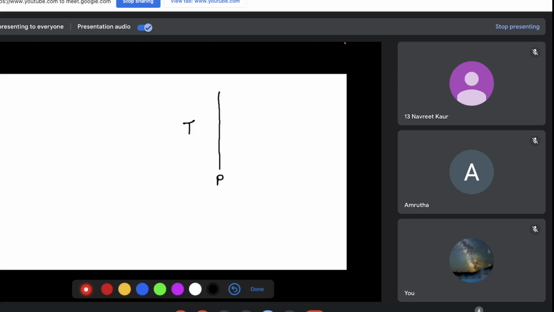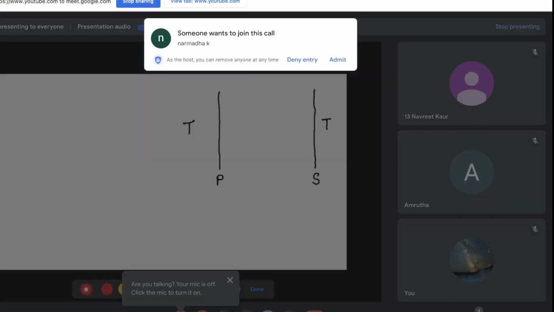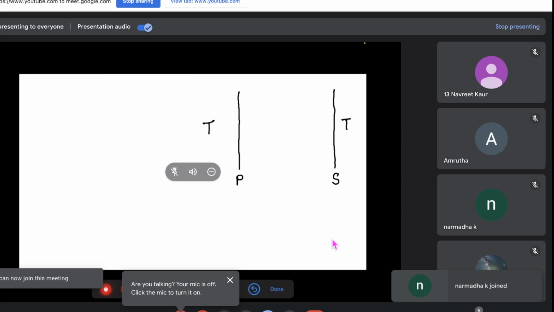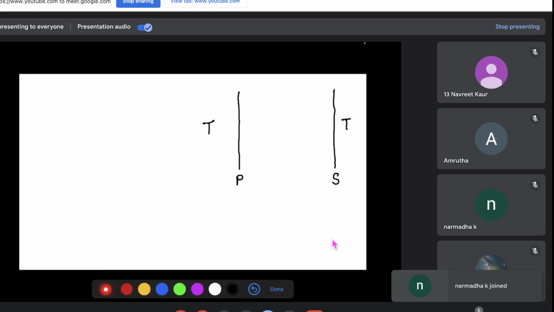So this is say component P, and the other is S. Again this is the temperature axis. There will be one point on the temperature axis which is the melting point for my component P, above which it will be a liquid and below which it will be a solid.